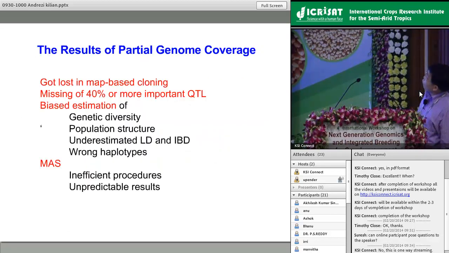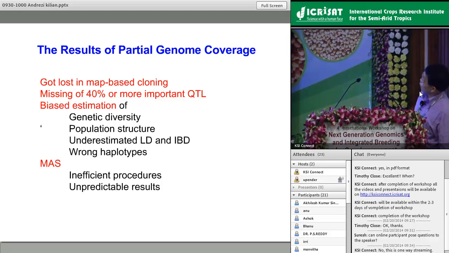What happens if we use the partial genome coverage? So this is what I summarized here. Many times we get lost in map-based cloning. I have several examples from China. They do the rough mapping, but they cannot move to the fine mapping because there is no marker in the big gap, okay?